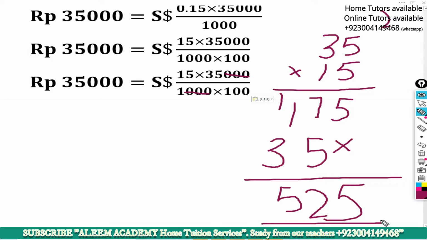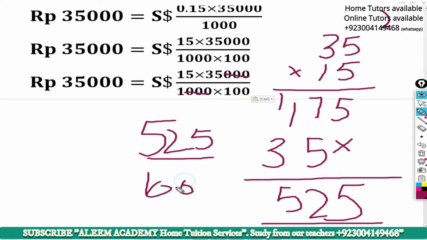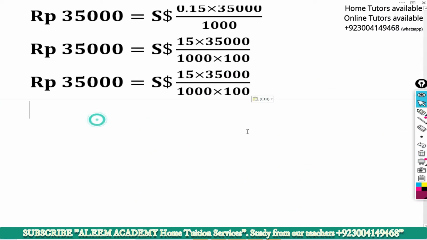You are getting 525. Okay, so this will be 525, and in the denominator you will have 100, and you can directly convert these numbers into decimal. This 0 goes with this 0 goes with 2, and in place of 1 we can write here decimal 5.25. Let's do it. So after cancellation, what you will get?